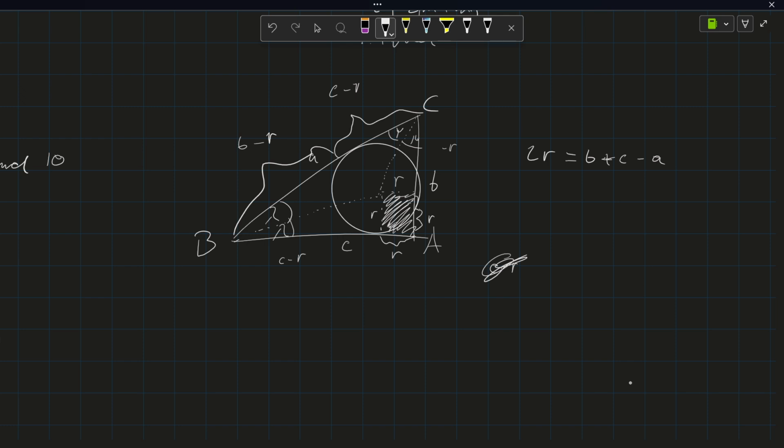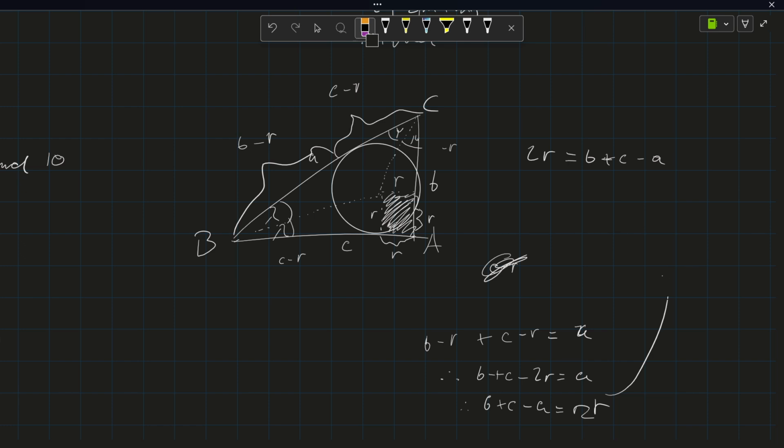Take R, therefore D take R, D take A, therefore D take A equals 2R. I don't know why I wrote it like that, which is exactly what we tried to prove.